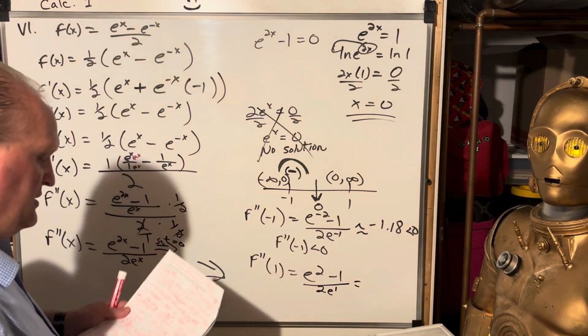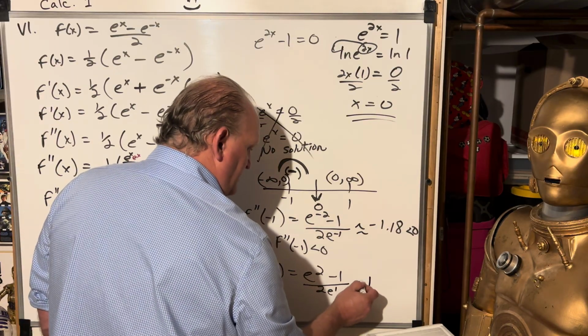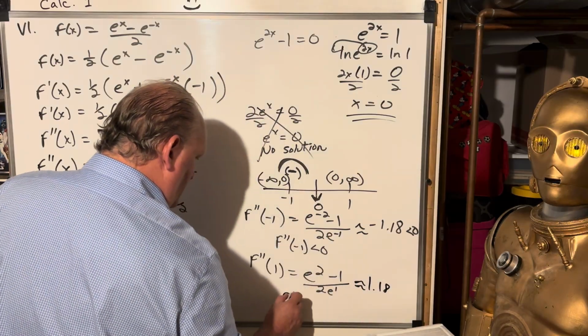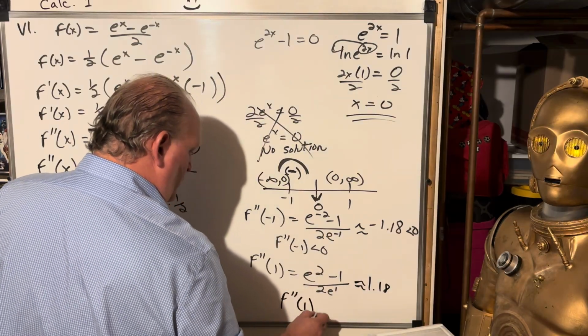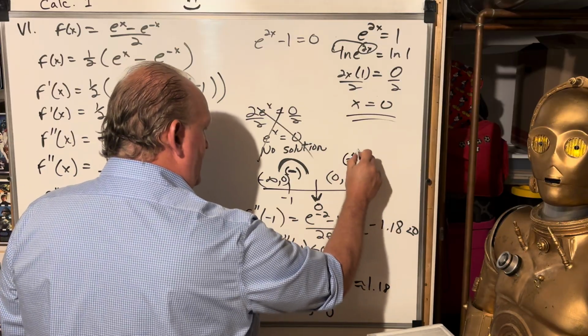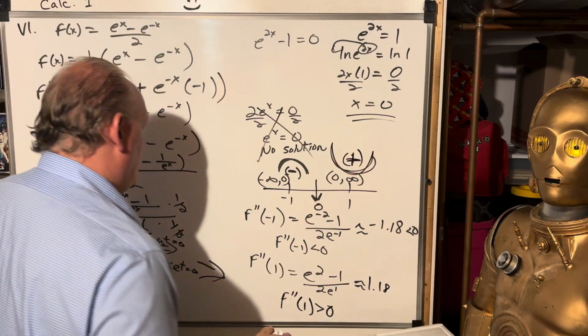And that turns out to be approximately positive 1.18, which means that f double prime of positive 1 is greater than 0. Which means that's positive, which means that is concave up. Which means we do have an inflection point there.